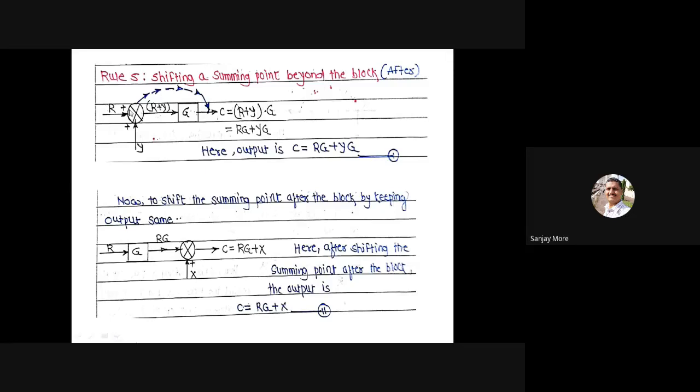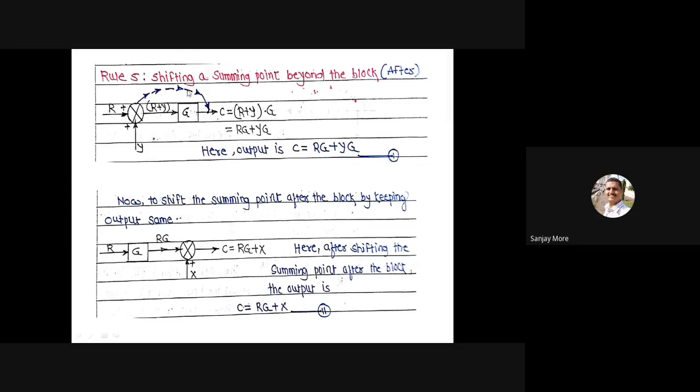Then rule number 5, shifting a summing point beyond the block, or after the block. This summing point after the block is shifted here. This is the output: R plus Y into G, meaning RG plus YG. Here the output C is equal to RG plus YG, equation 1.